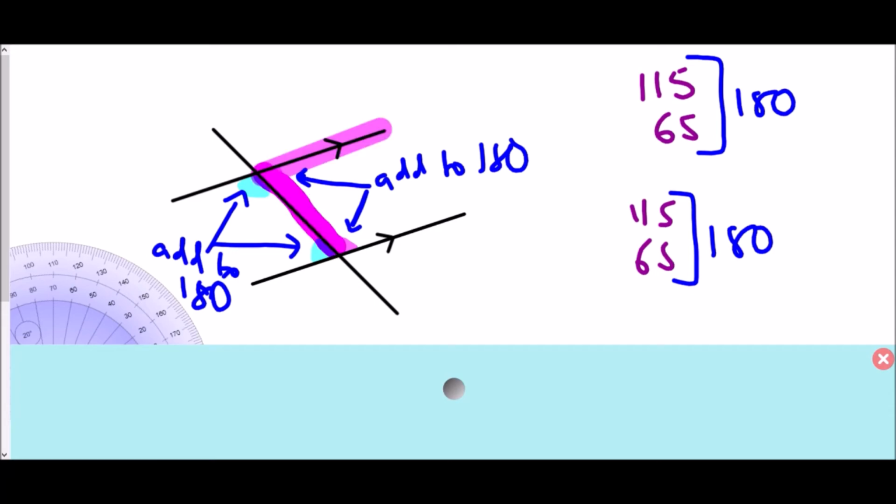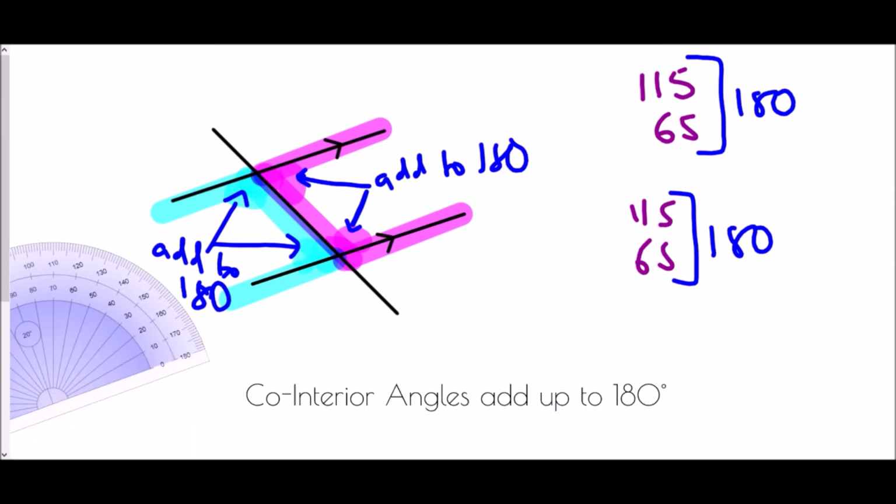If we see a C shape, the angles on the inside of that C shape are going to add to 180. You can see we've got it there, and we have it here. And this is the rule: co-interior angles add up to 180 degrees. So if you see that C shape, you're going to look for co-interior angles. The ones on the inside will add to 180.